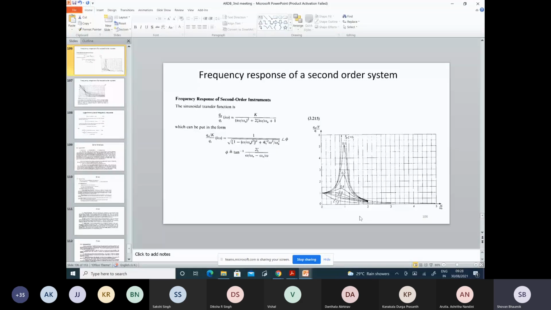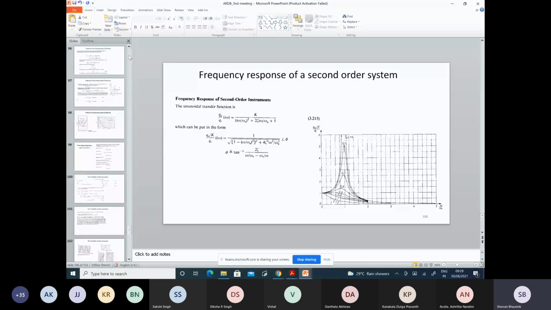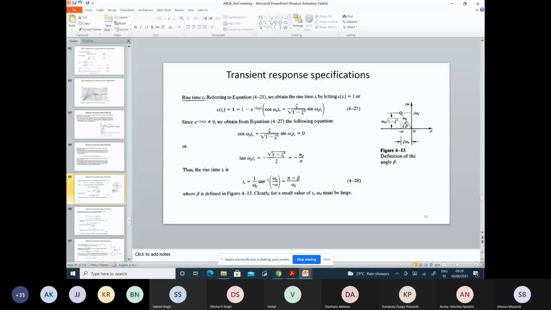So if you can draw the pole zero plots, now you are learning the control system a little bit, from there I can explain, or in another way also I can explain. Let me see if I have this curve or not. Yes.